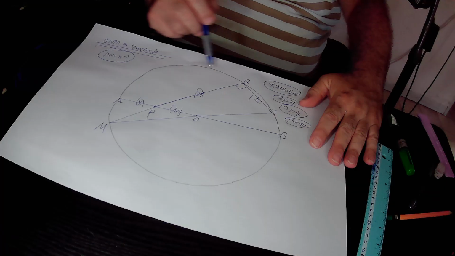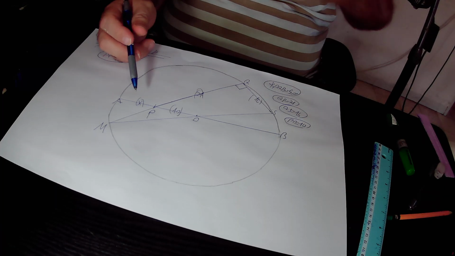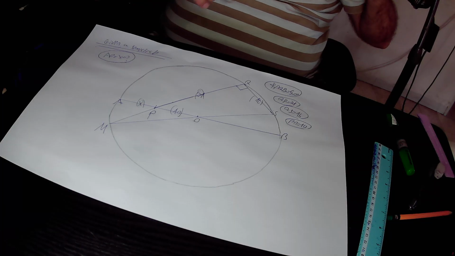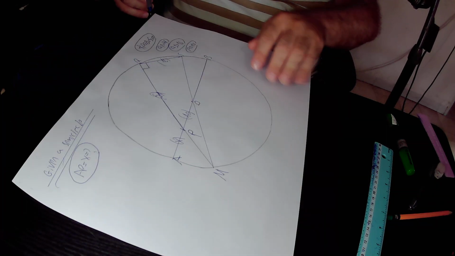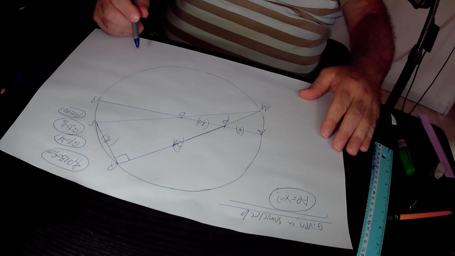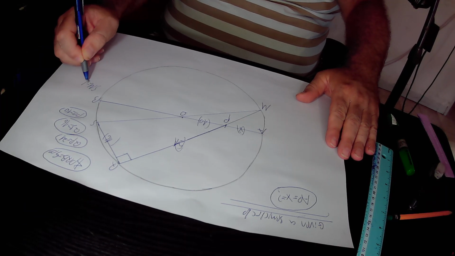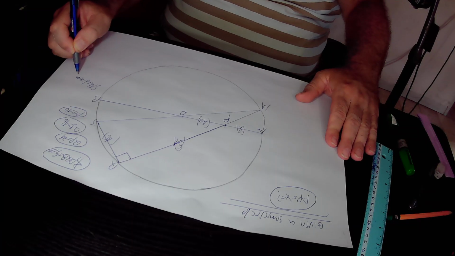Peripheral angle SQM subtends on chord SM, and therefore, according to rule 5, SM must be the diameter of this circle. So right now, you found out that chord SM is the diameter of this circle according to rule 5.